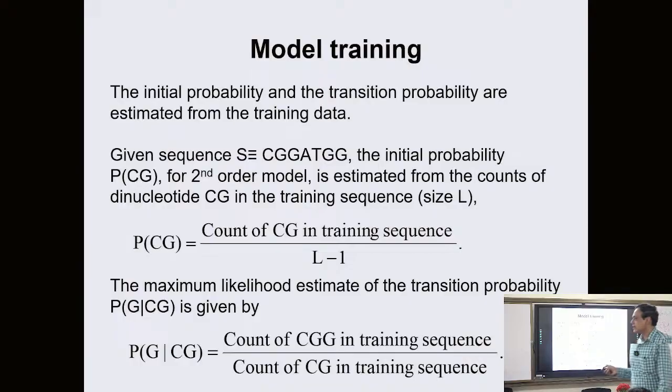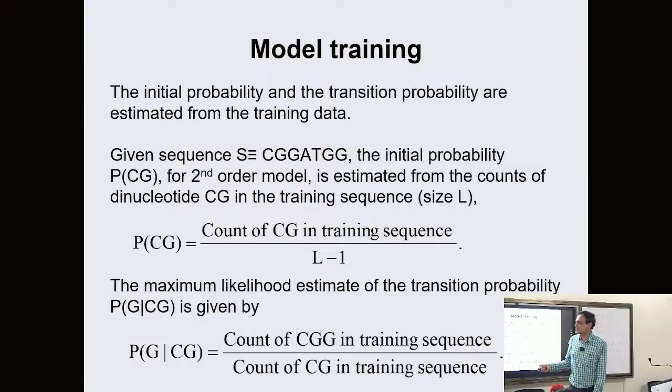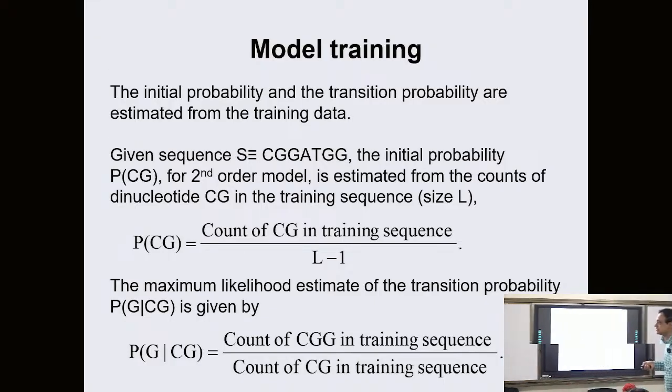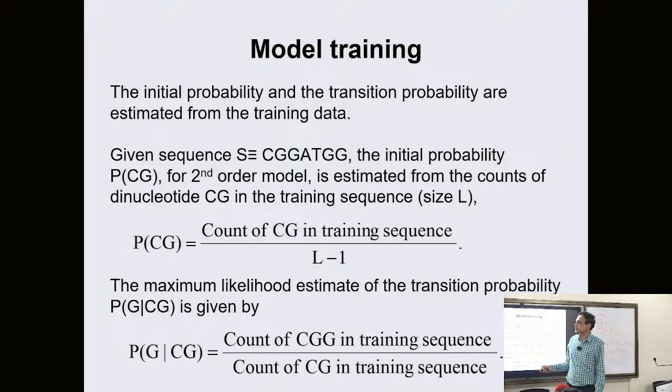Of them, how many instances are there where CG is followed by G? That proportion is the estimate of the probability of G given CG. Now, tell me how many CGs are there in the training sequence?